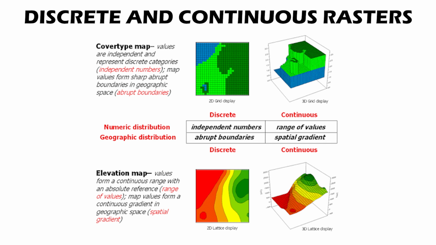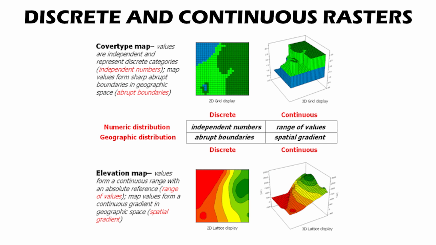Rasters can contain a discrete or continuous range of values. Discrete rasters. In discrete raster datasets, cells are limited to predetermined categorical values.